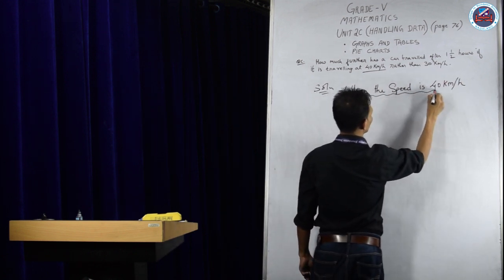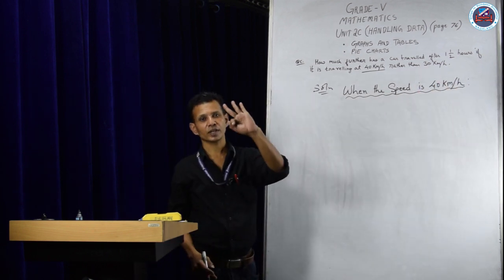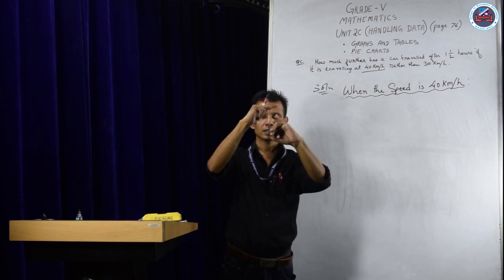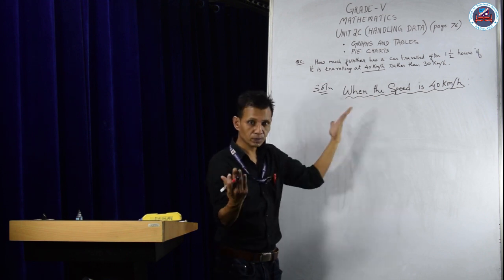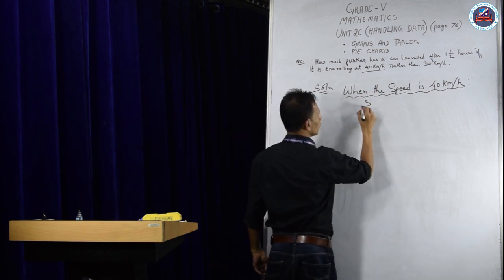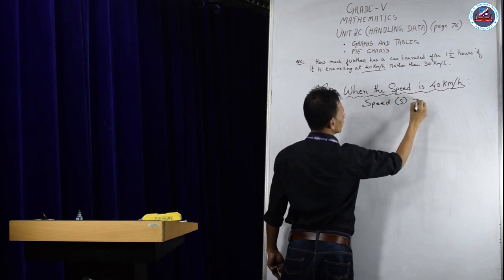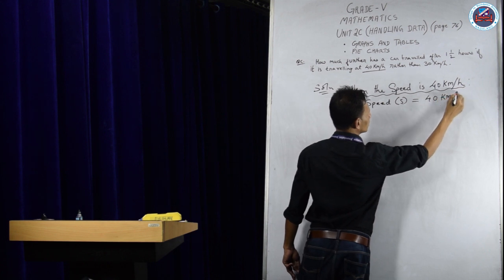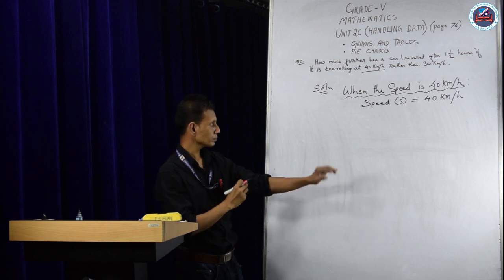We are talking about three things, I told you, right? Speed, distance, time. Speed we already know. We are going to deal with 40 kilometers per hour. That is speed. S-P-E-E-D is speed, short form S, equals 40 kilometers divided by h, per hour, right?